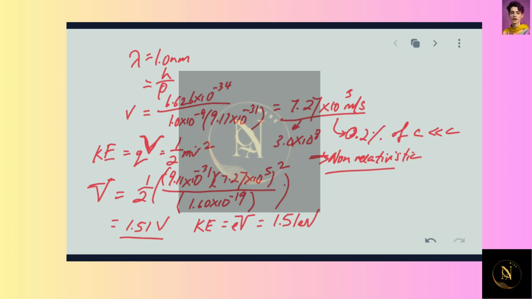Comparing it with the potential energy for our typical NaCl molecule, the potential energy is 6 eV, and this energy over here is about a quarter of that 6 eV.